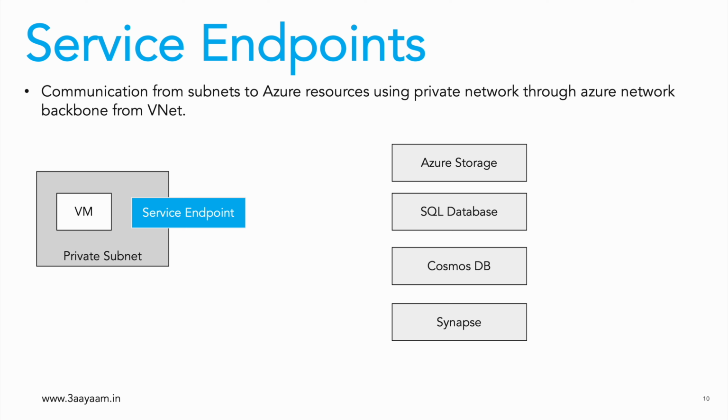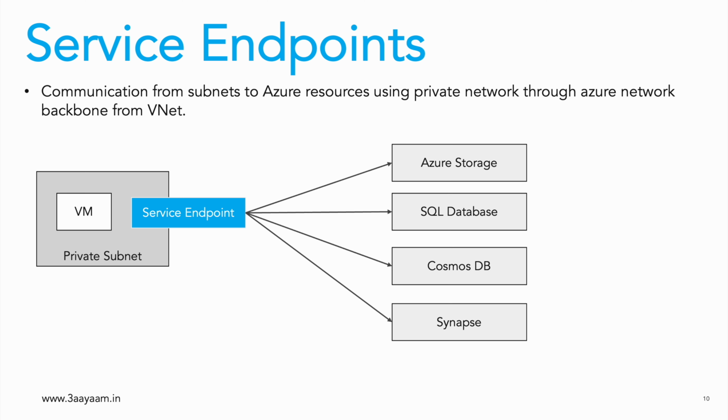So we can create a service endpoint, and using this service endpoint, we can connect to all these Azure resources. And the communication would happen via Azure's network backbone, which will not go to the internet, but it will still leave the virtual network or the VNet.